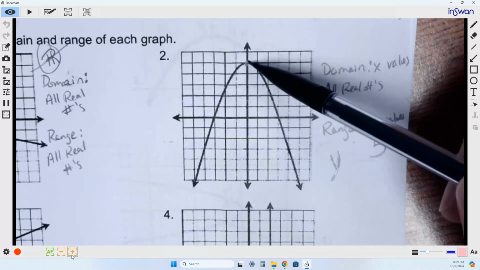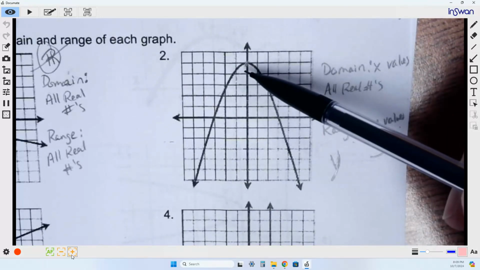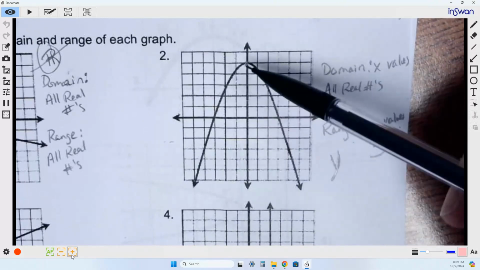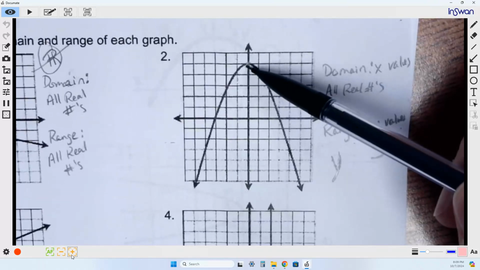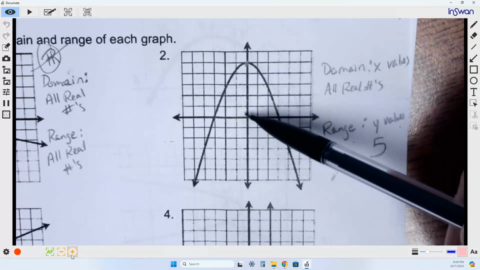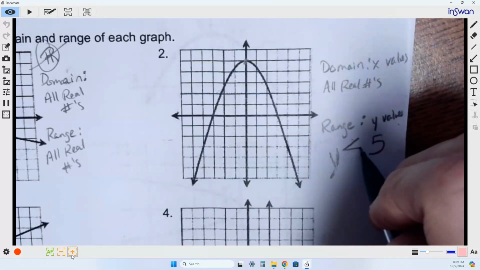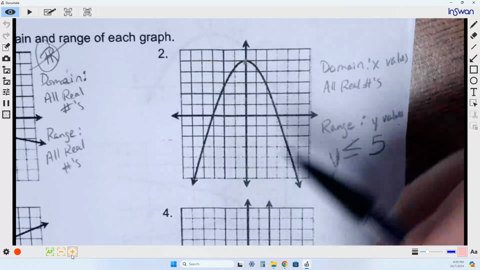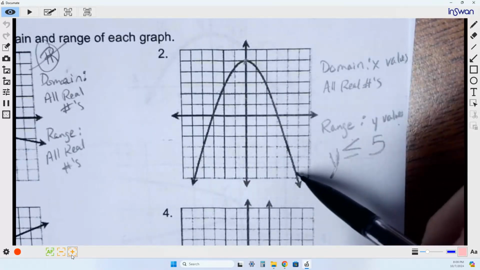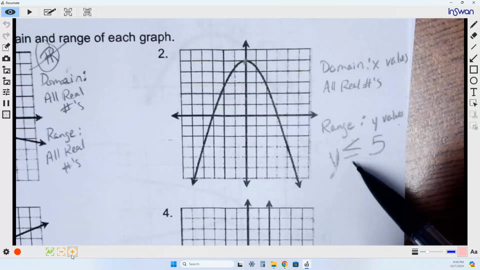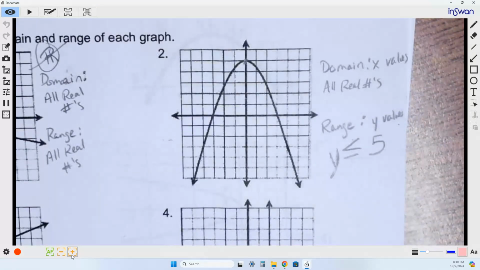So that means that here at my turnaround, all of my possible solutions are going to be south, or going to go down from this spot here. So it's going to be 5 and 4, 3, 2, everything's getting smaller. So y is going to be less than or equal to 5. This is a solid line, so that's why it's also going to have the equal sign underneath it. If it were dotted, then I would not have that equal to sign, okay? So that's what we're looking at there.